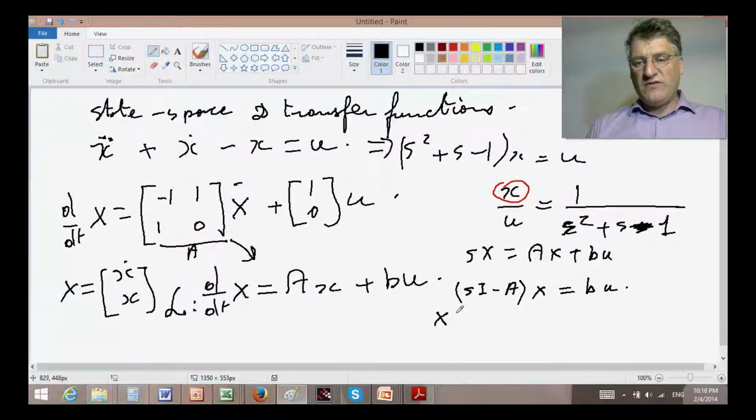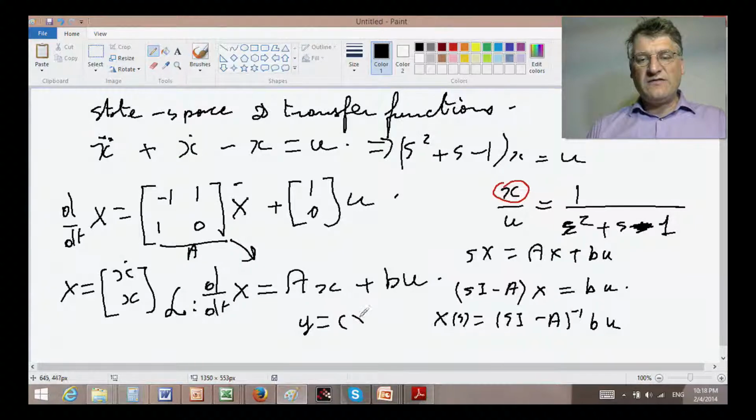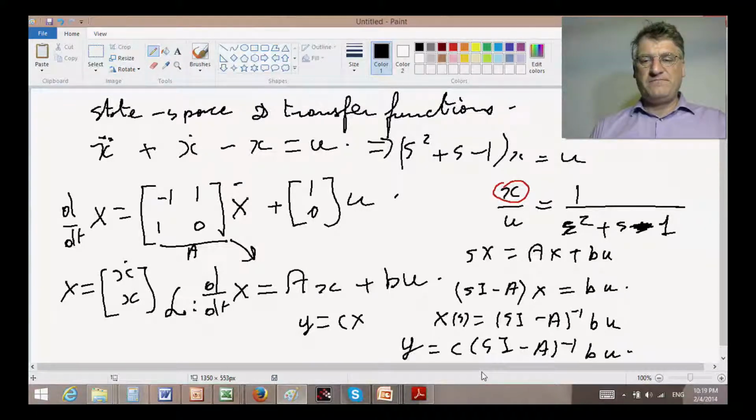Or x of s is equal to (sI minus A) inverse times b times u. If y is equal to cx, then I get that y is equal to c times that, or in other terms, y is equal to c (sI minus A) inverse times b times u. Okay? So here in this case, my y, which I wanted to be x, would be 0, 1 times x.